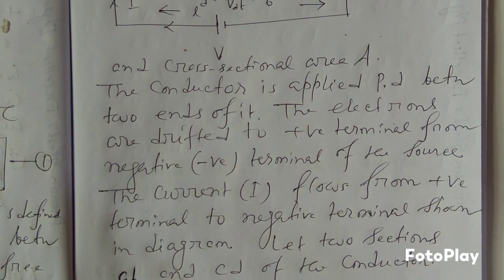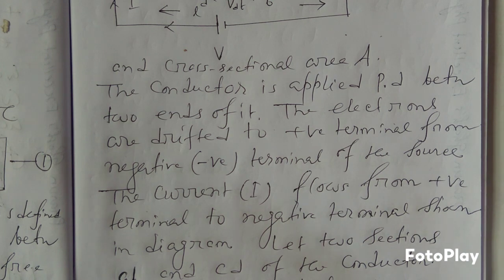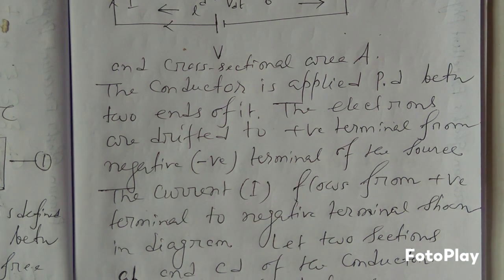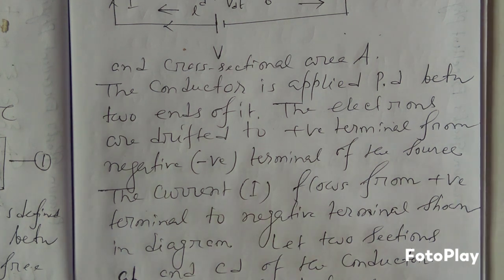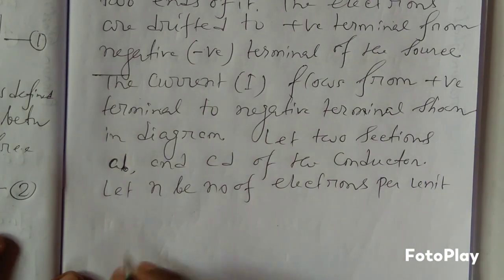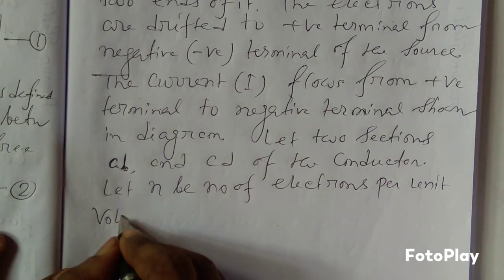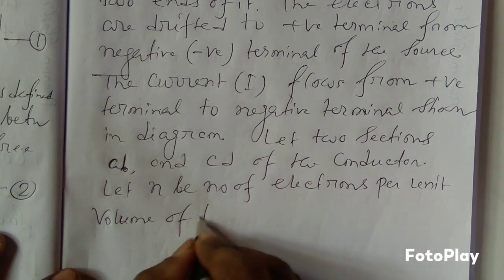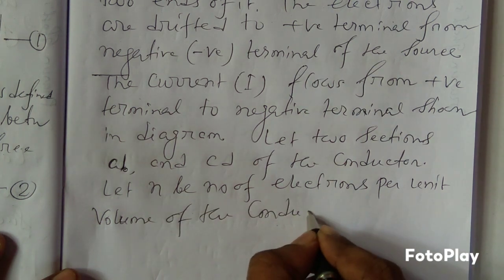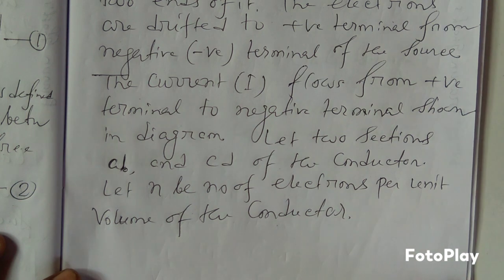Let n be the number of electrons per unit volume of the conductor.